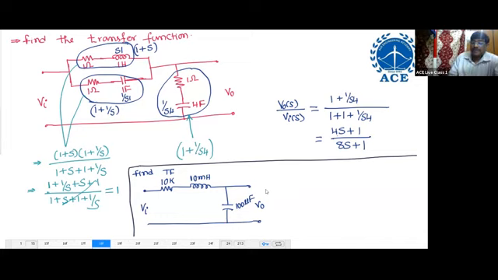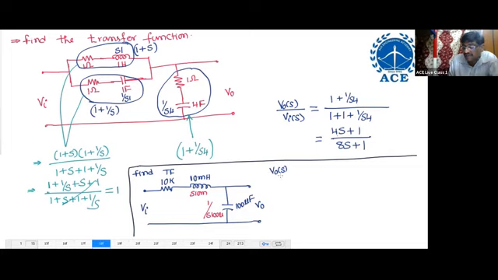Okay, good. Listen. So the transfer function: Laplace of the inductor is SL, S into 10 milli. Capacitor 1 by SC, where C is 100 micro. Now find the transfer function.